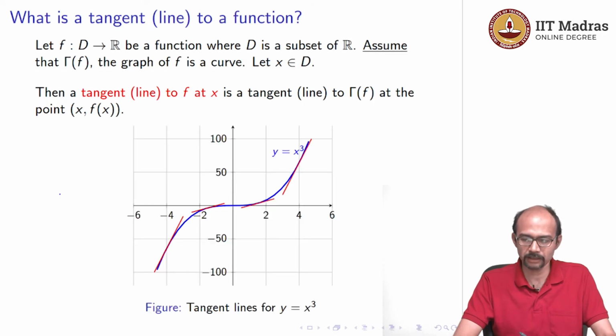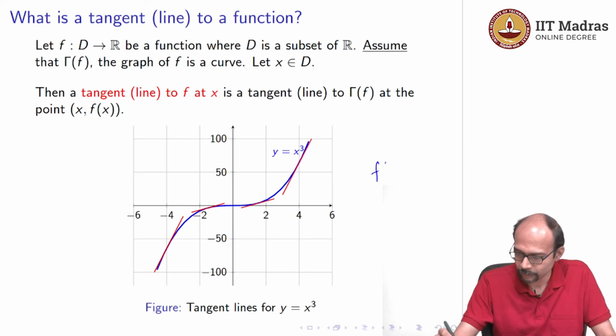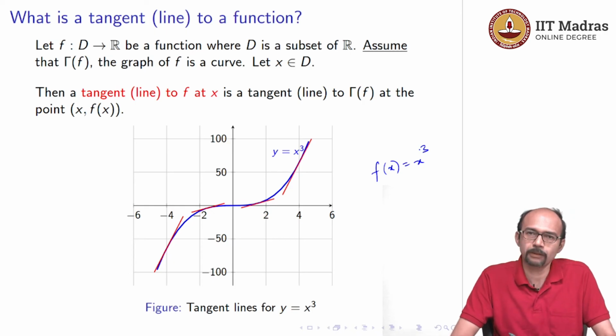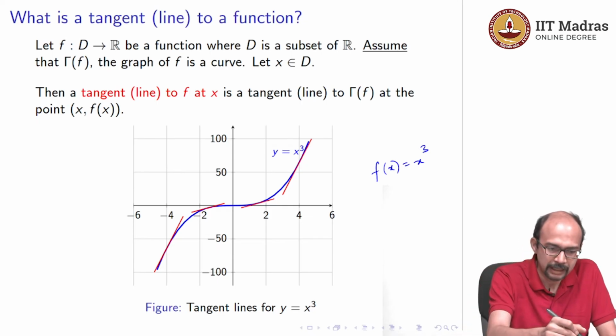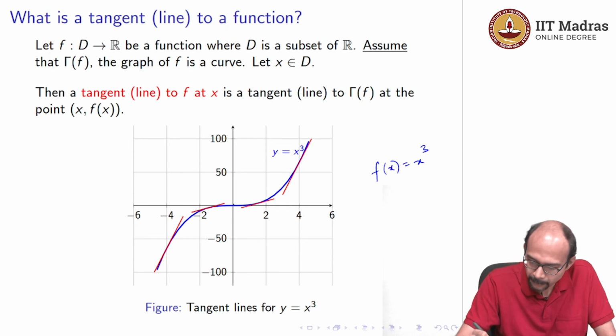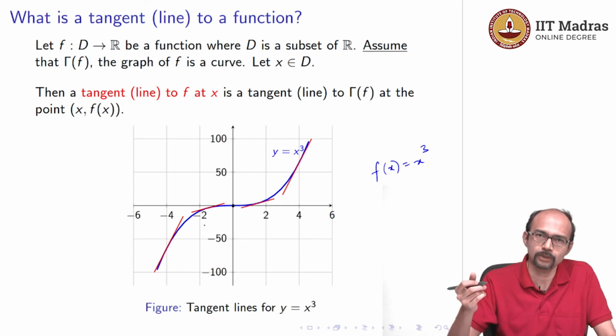Okay, so what are we saying? Here is an example. You have your function f, which is y is x cube. So here your function is f of x is equal to x cube, and now you draw the graph of your function. So this is the graph here, and if you want to talk about the tangent line to f at, say, the point 0, then you have to look at this point 0 and then look at the corresponding point on the graph.